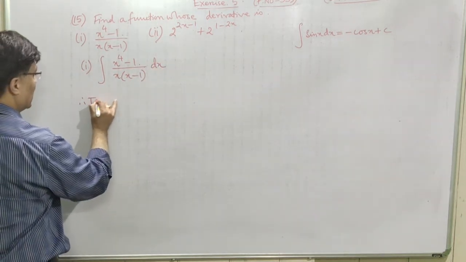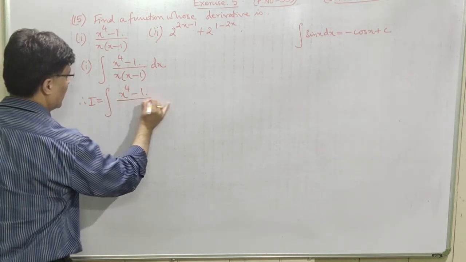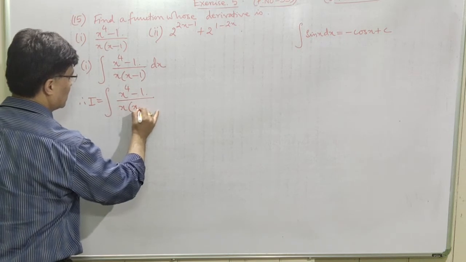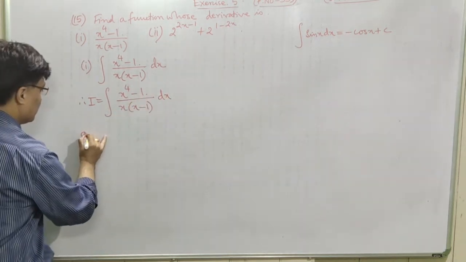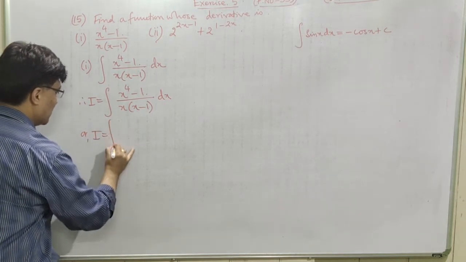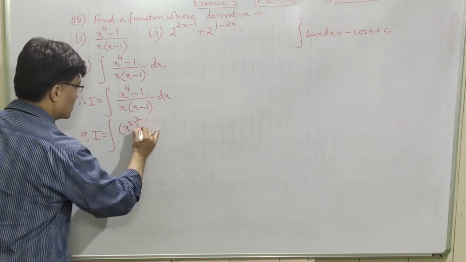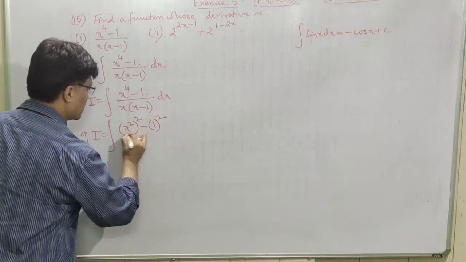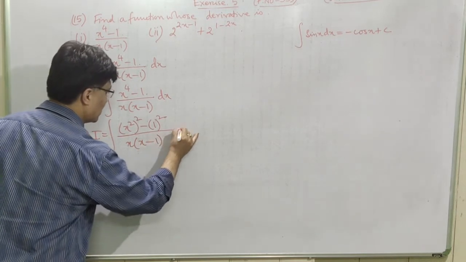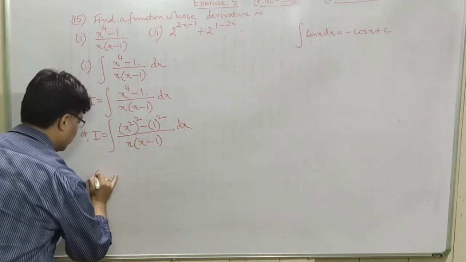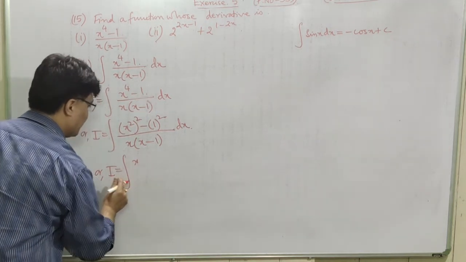So therefore I is equal to integration of (x⁴ − 1) divided by x(x − 1) dx. So you can factorize it. I is equal to integration of ((x²)² − 1²) divided by x(x − 1) dx.